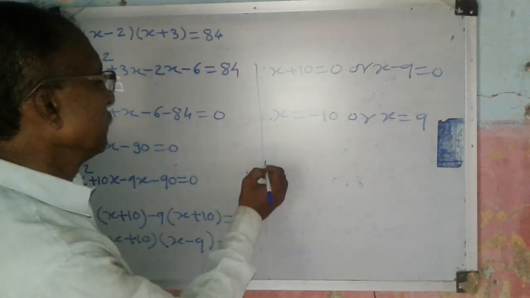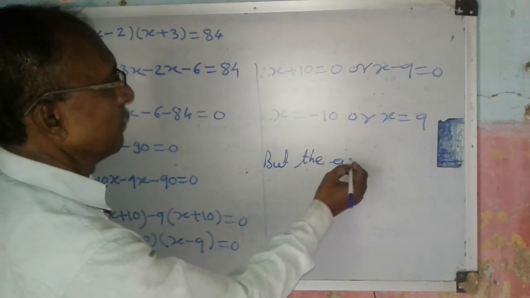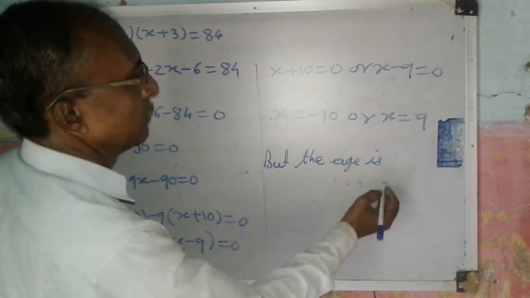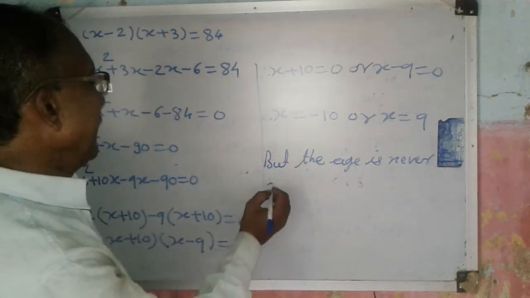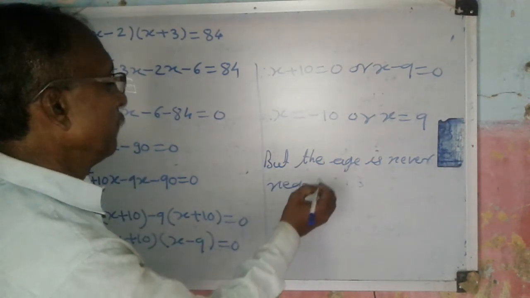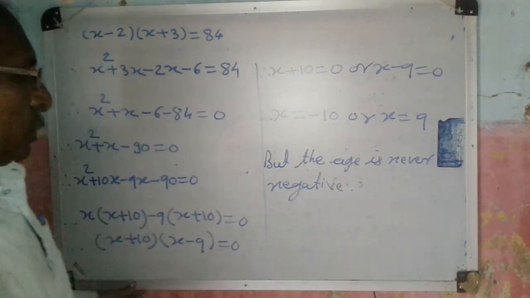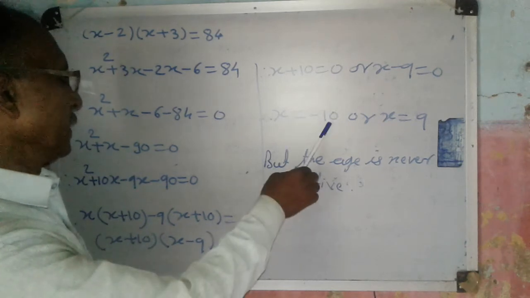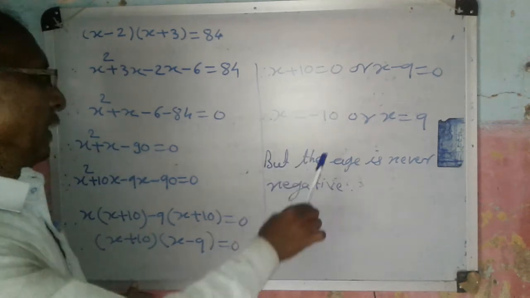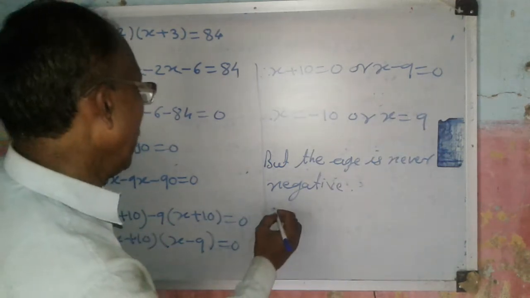The age is never negative. So x is equal to minus 10 is rejected, and our required value is x is equal to 9.